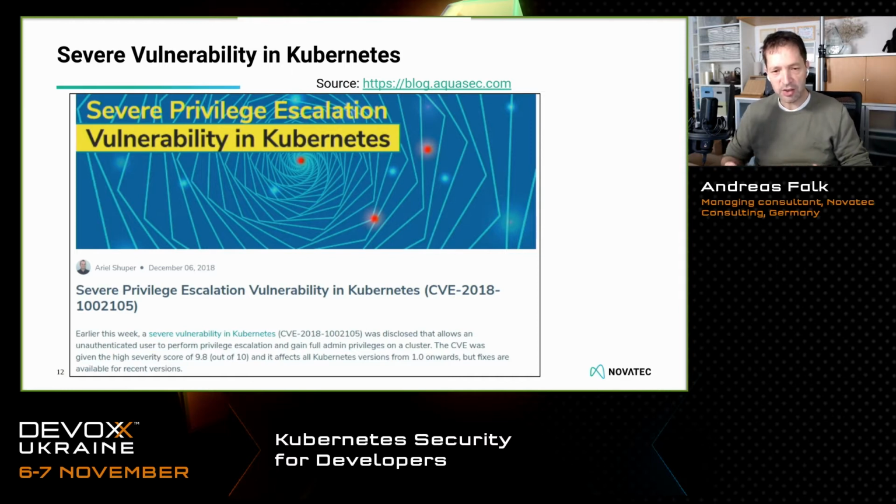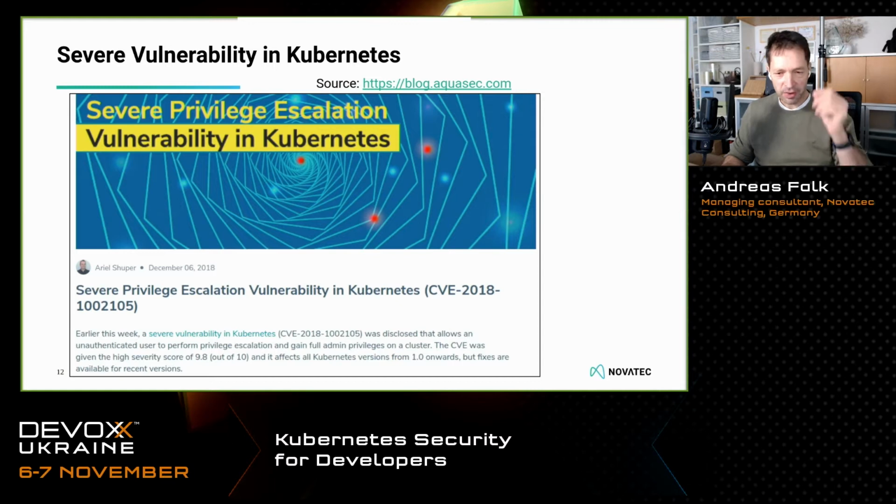So most vulnerabilities that are detected are really dangerous for your production system. So always patch to the latest versions, especially for Kubernetes cluster and also all the container technology products.